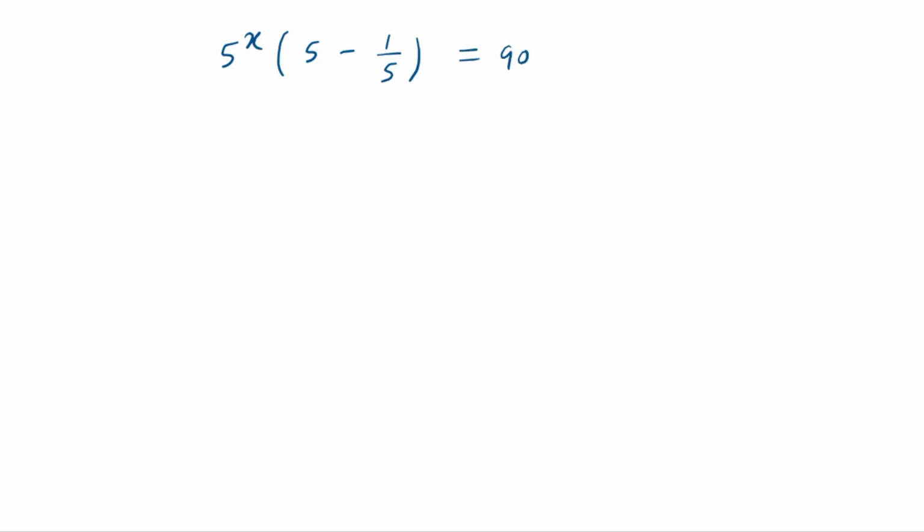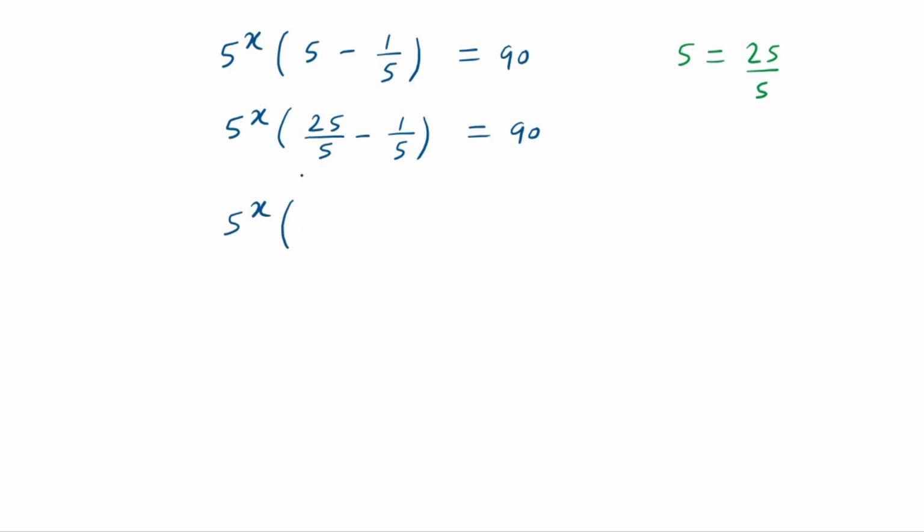Now here we can write this 5 as 25 over 5. So here 5 power x times, this 5 is replaced by 25 over 5, minus 1 over 5 is equal to 90. 5 power x times, the common denominator is 5.